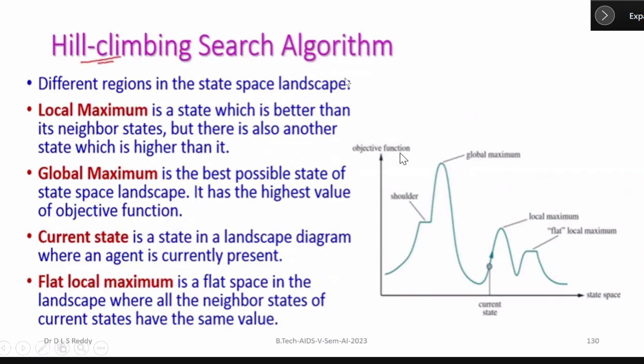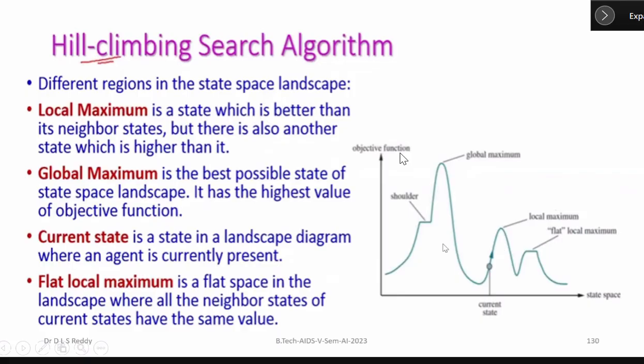Some problems occur in different regions. Local maximum is one region. This is a state which is better than its neighboring states, but there is also another state which is higher than it. So if you consider here, this is a local maximum, but this is not the goal state.